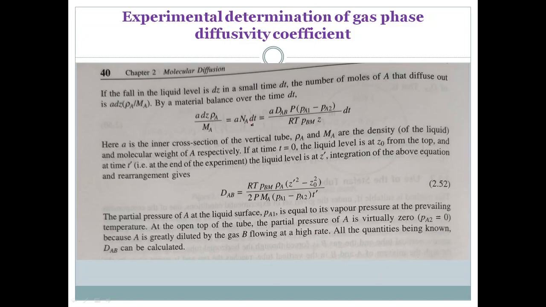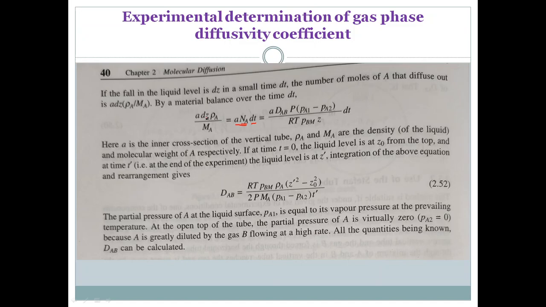in dt time. Now Na is your flux, so flux into A will be your kilomole per second. This is kilomole per meter square second, into meter square, so kilomole per second, into time gives kilomole.